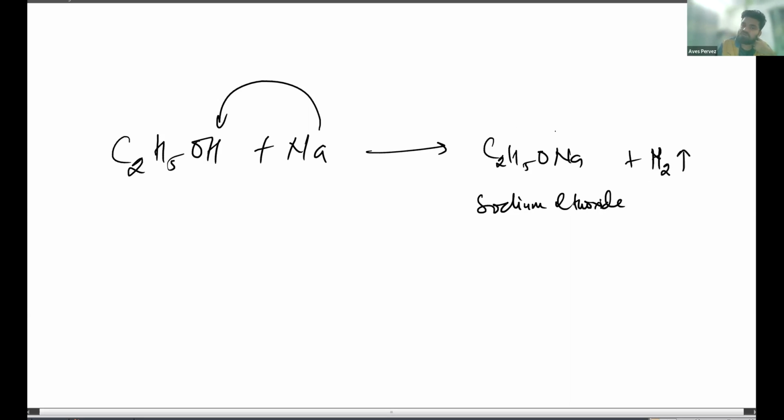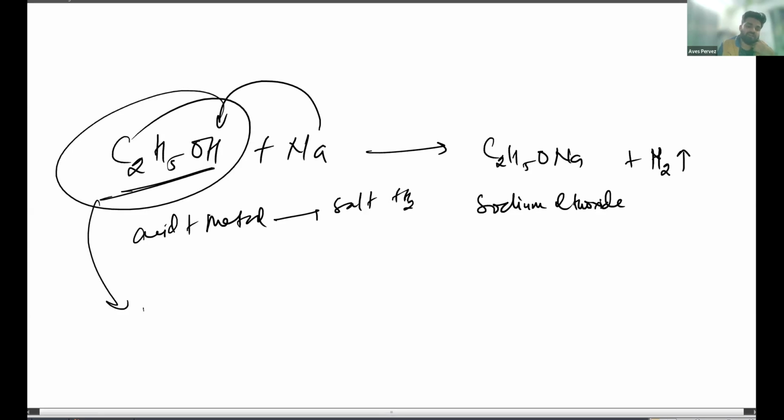Moreover, you need to mention that this property of alcohol is similar to that of acids, because acids also, when they react with metals, give you salt plus hydrogen gas. But actually ethanol is not characterized as an acid. Why?